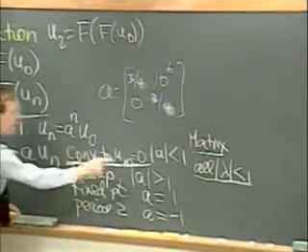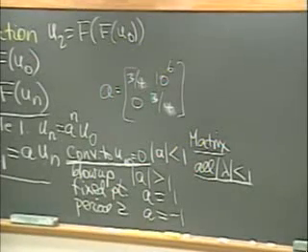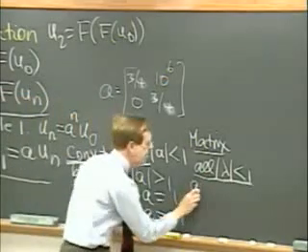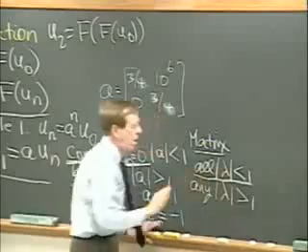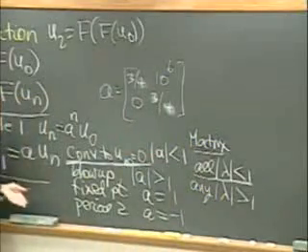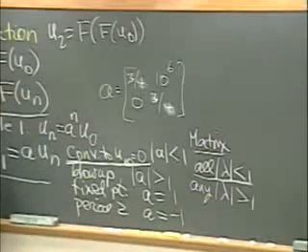And blow up, when would the powers of the matrix blow up? Well, if any eigenvalue is bigger than 1. If any eigenvalue is bigger than 1, then the 100th power will have this eigenvalue to the 100th, getting bigger and bigger, and the matrix has to get bigger and bigger.